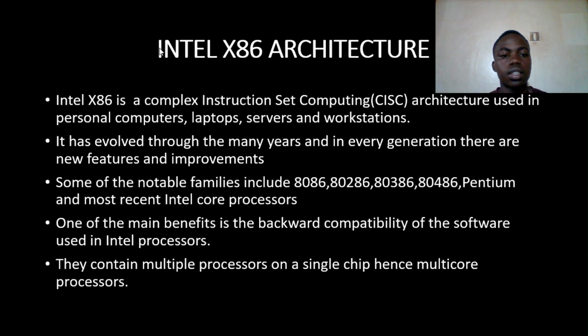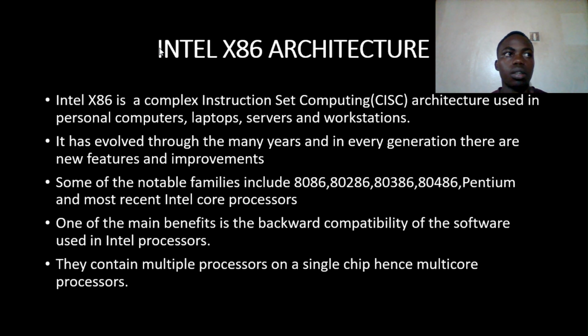Intel x86 architecture has evolved over very many years, and some of the notable families are the 8086, the 286, the 386, then the 486. Look at Pentium, Pentium Pro, Pentium 1, Pentium 2, Pentium 3.